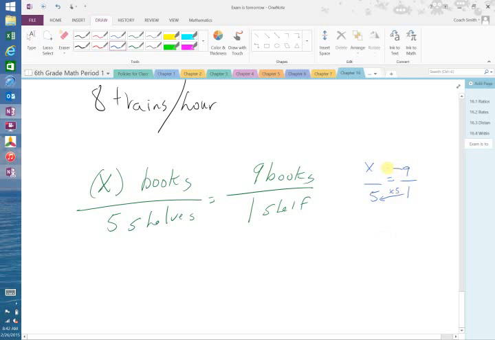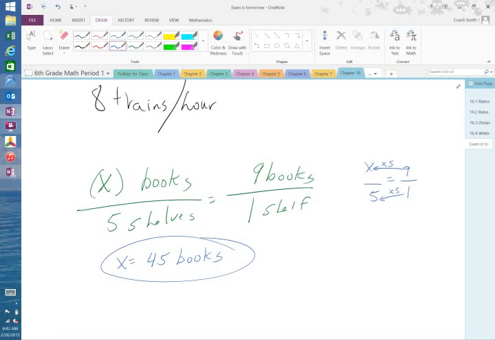So I have to do the same thing to the 9. So 9 times 5 is 45. So X is equal to 45 books, and that would be your answer.